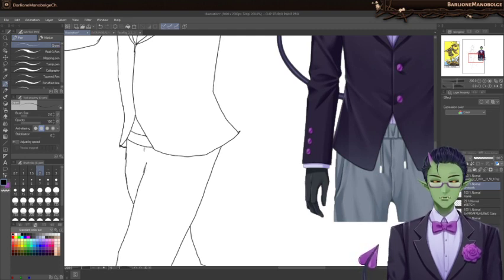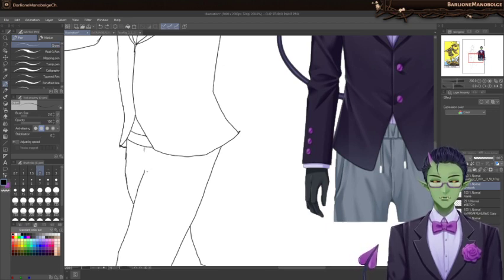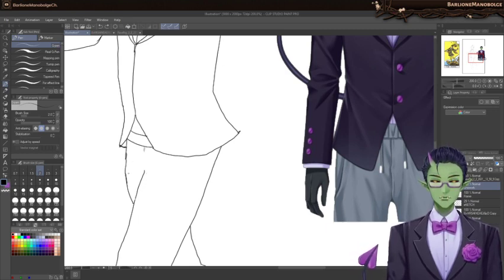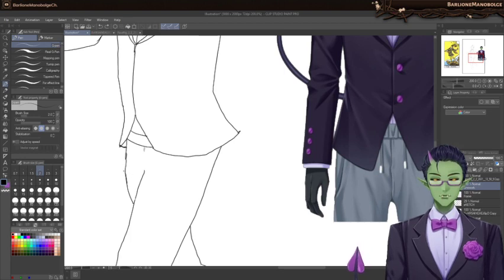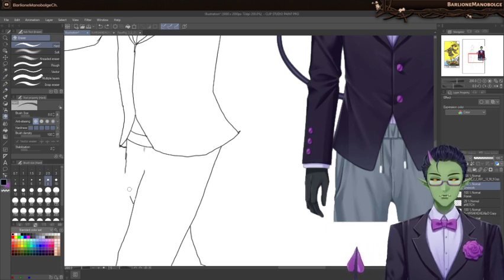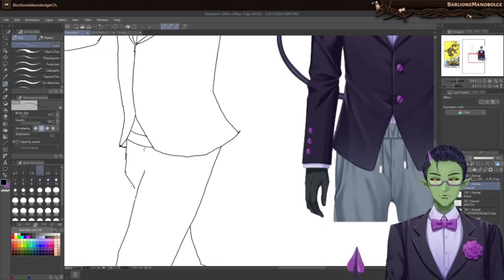Okay, do I complete the leg? No, I don't. That looks horrifying. Okay, this leg is stepping in front. This is a leg that is behind. I think once again my problem comes in with sloped lines. I think this should be slightly sharper.